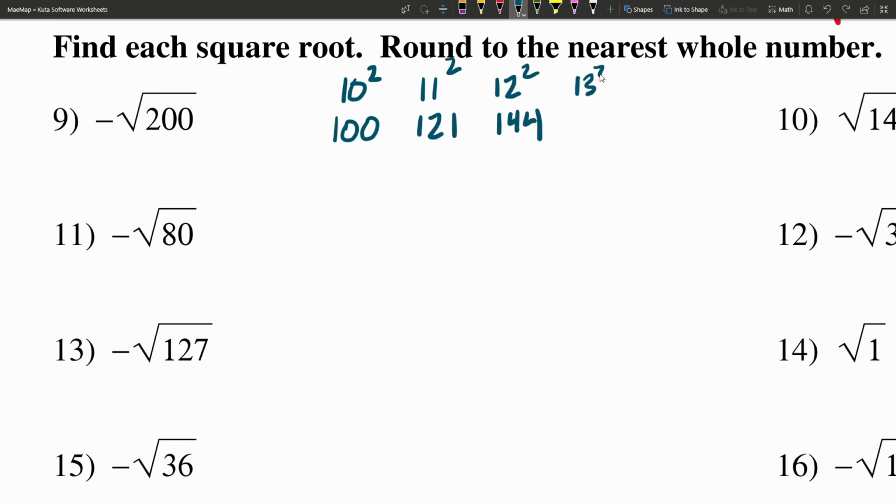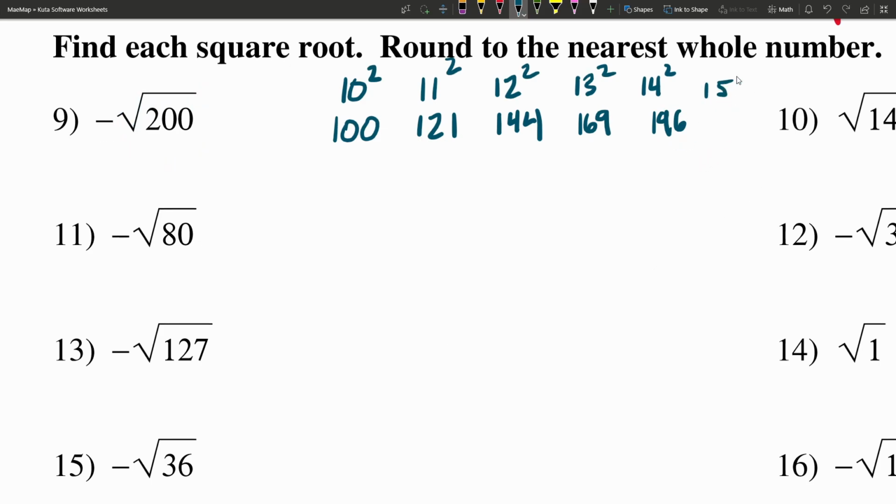Let's move on to 13 squared. 13 times itself is equal to 169. So it's close, a lot closer than 12, but not quite there. 14 squared, that's 196. So you can see that we are very, very close to that value of 200.